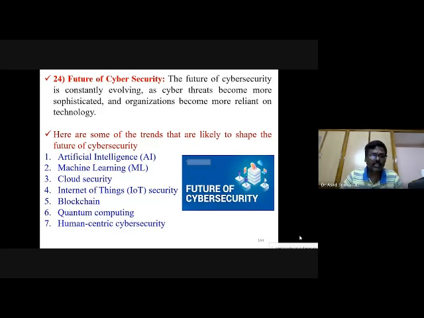Future of cyber security. See, this is a very emerging field because everywhere data is there. There is a cyber security issue there. That's why we are using the latest cyber security trends that are likely to shape the future of cyber security, using artificial intelligence tools and techniques, machine learning tools and techniques, cloud security tools and techniques, Internet of Things (IoT) security, blockchain, quantum computing, human-centric cyber security.